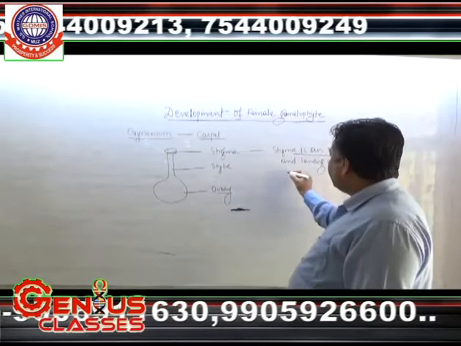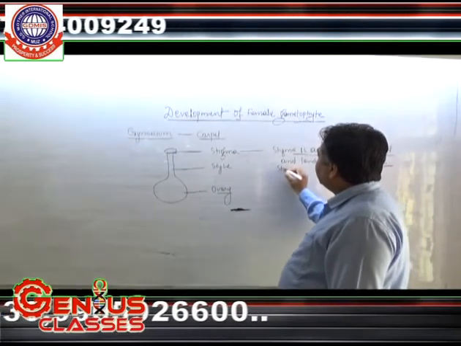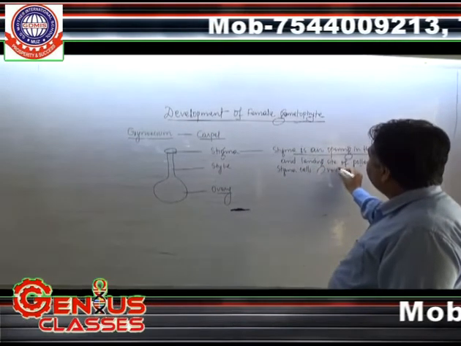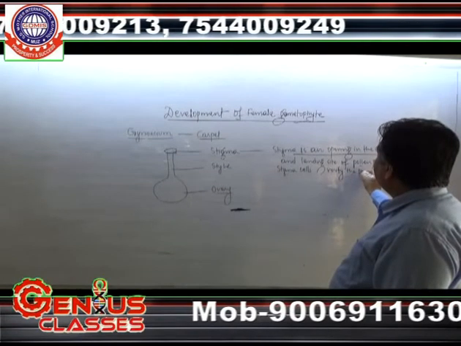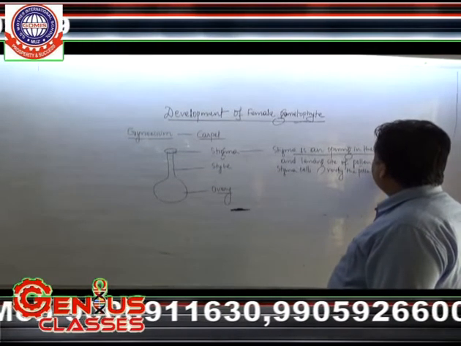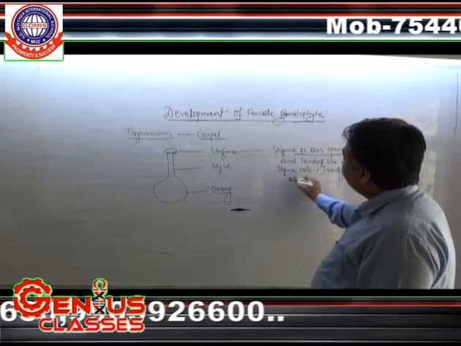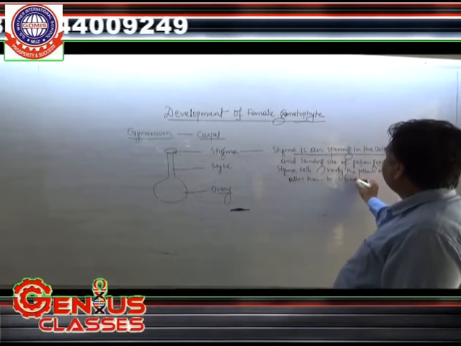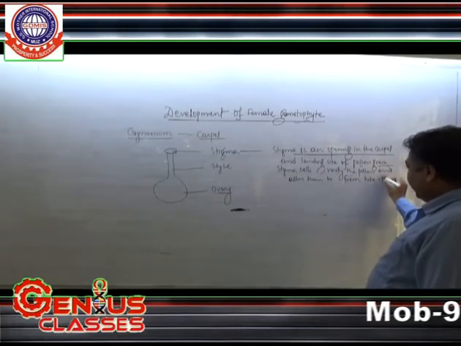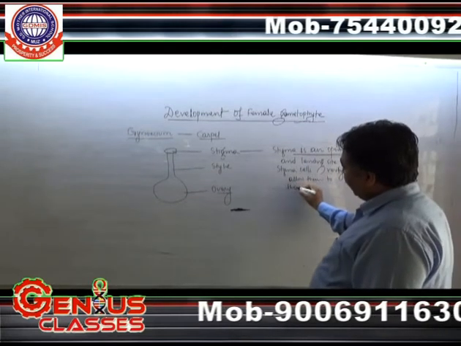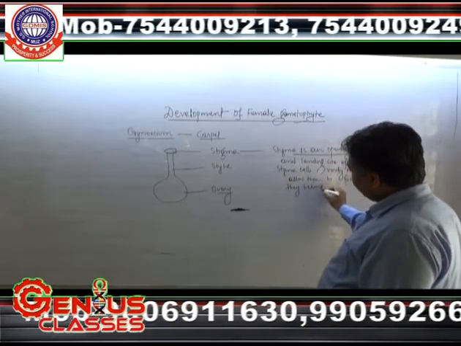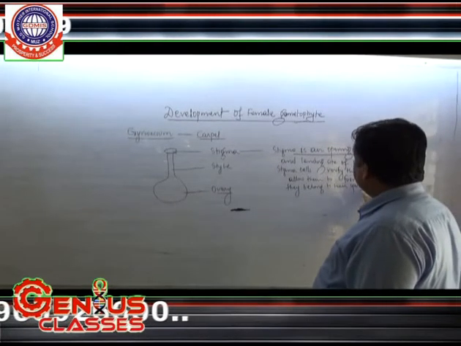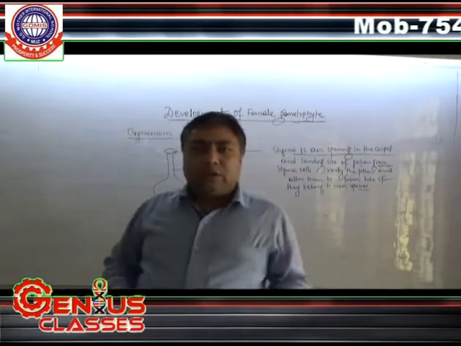So, stigma cells verify the pollen grain and allow it to form a tube if it belongs to their species. Okay, so that is all about stigma.